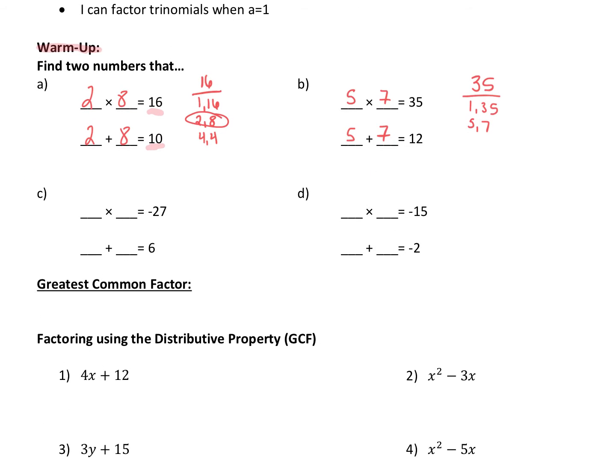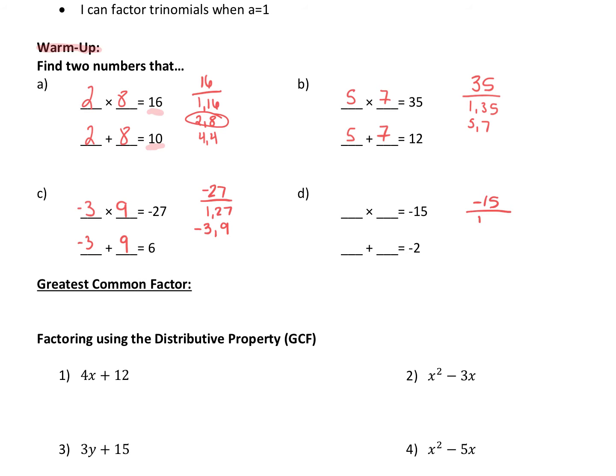Now C and D get a little bit trickier. In C, I want to find two numbers that multiply to negative 27 but add to 6. So I'm going to write down all the things that multiply to 27 and then think about, well, if it's negative 27, that means one of them would need to be negative. So if I do negative 3 and positive 9, that would multiply to negative 27 but add to positive 6.